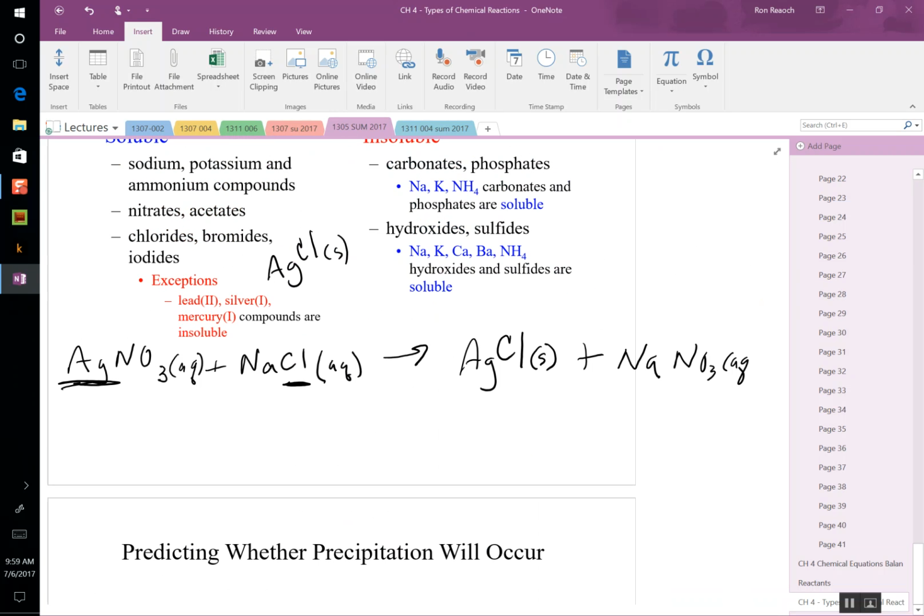All right? So how do I figure out what these things should be? Well, all sodium compounds are soluble. All nitrate compounds are soluble. So this is going to be soluble. But silver chlorides are not soluble.